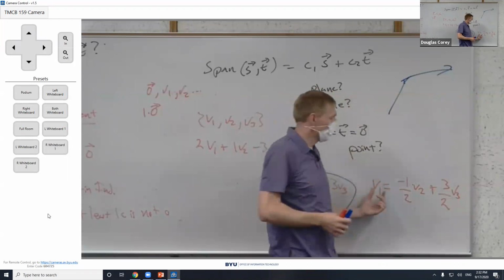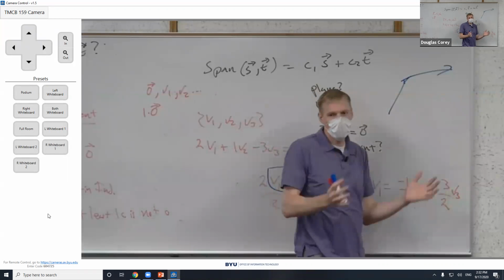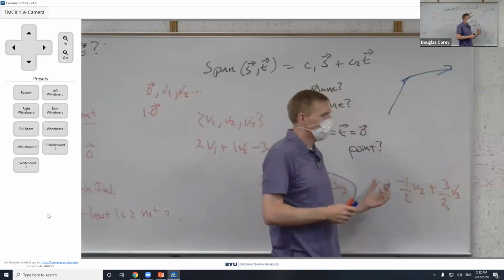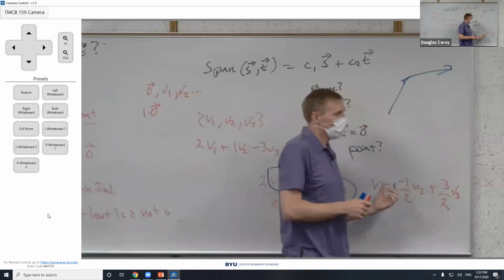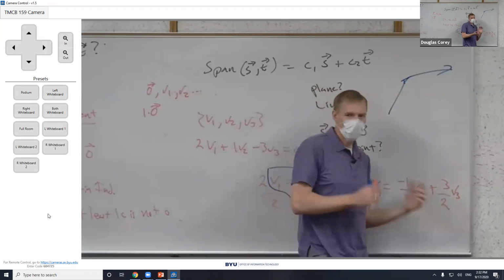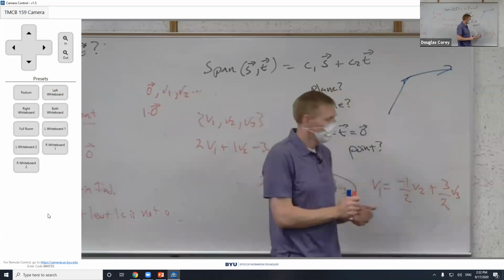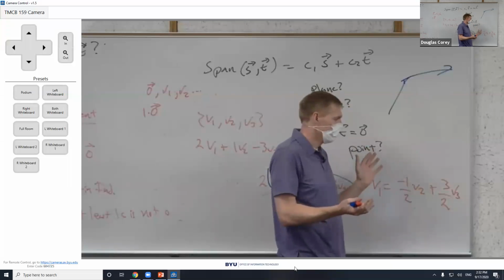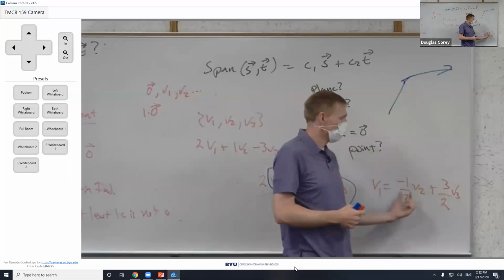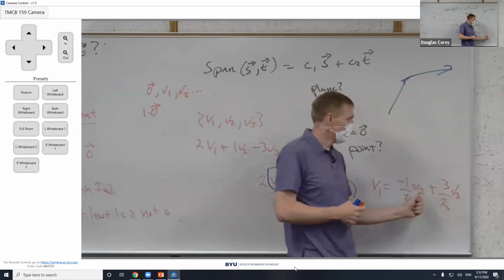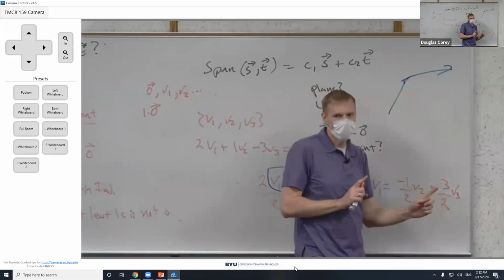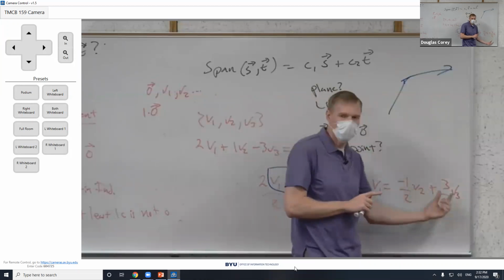So these v1, v2, and v3 as a set are linearly dependent. You can talk about v1 being independent of v2 and v3 that way too. But as a set, I know v1 is dependent on v2 and v3. I can make that combination. And I don't know yet whether v2 or v3 are independent of each other or not. This isn't enough to know.